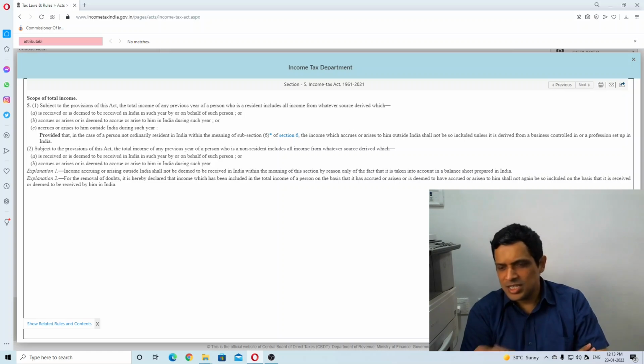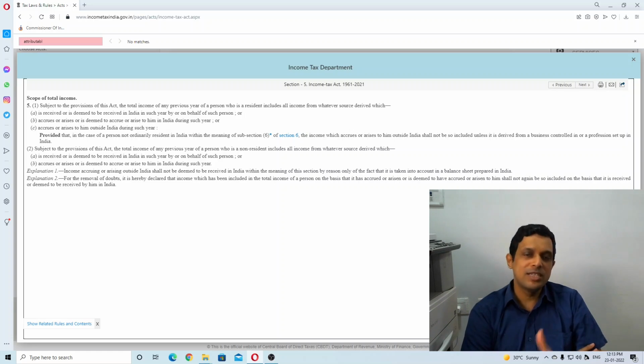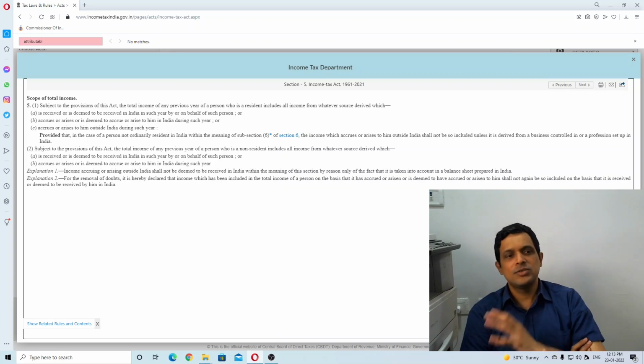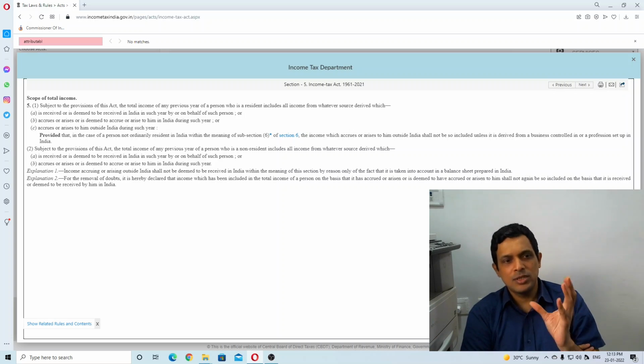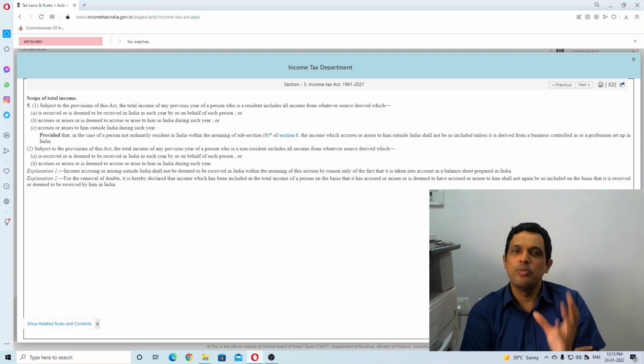Now, if the non-resident has income in the US, for example, he is an employee of a US company sitting in the US and rendering those services, clearly that does not come under the Indian Income Tax Act, nor does the Indian government have the jurisdiction nor the necessity to tax that income. Now, so what relates to India is well defined in 5.2A, received or deemed to be received, 5.2B, accrues or arises or deemed to accrue or arise.